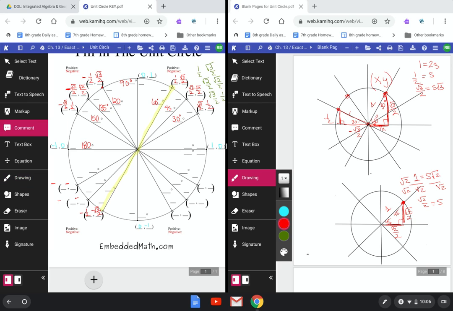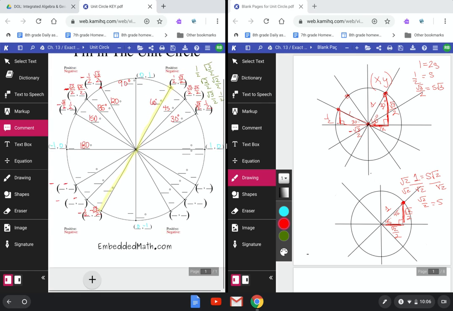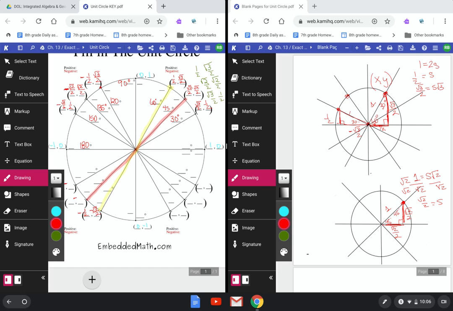And for this one, it'll just be across from that. So we have negative √2/2, negative √2/2. And then our last one will be across from here. So our x value is negative √3/2, comma, negative 1/2.